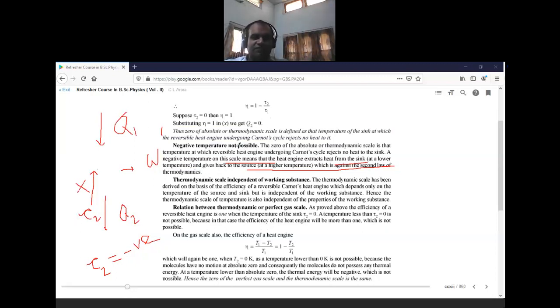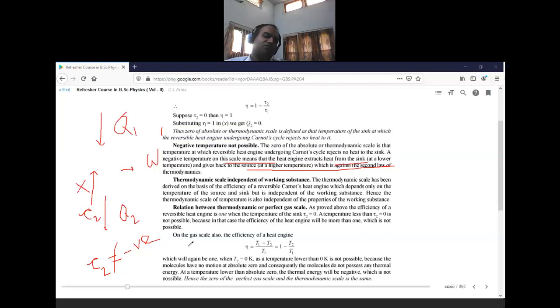Tau 2 can at best be 0, but if you want to get a negative quantity, you have to do work and take out heat, and only then will it become less than 0. If it is less than 0, it is not possible. So tau 2 cannot be a negative quantity. Otherwise, spontaneously this is not possible unless you do work by some external agency.